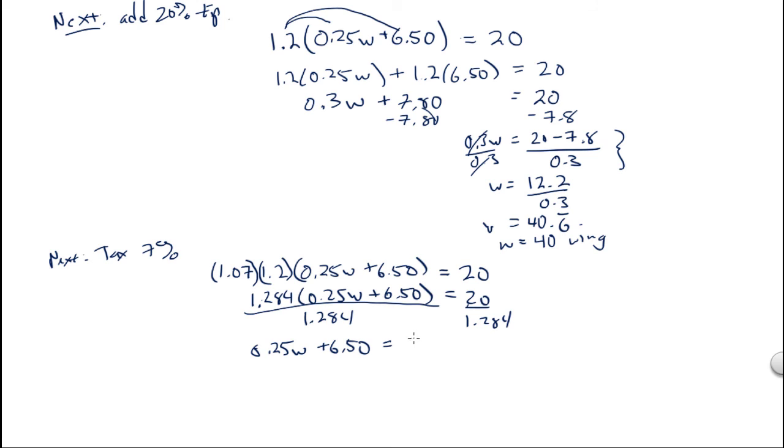We can handle this. So we now have 0.25W plus 650 equals whatever this number is. I guess I can calculate what it is real quick. If you use your calculator right now to get a number, which is fine, just remember that number is 15.576 and all sorts of stuff.